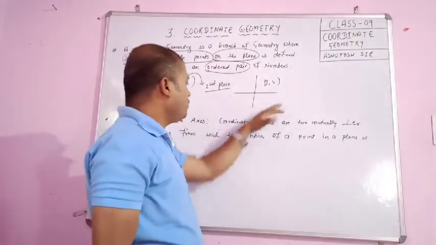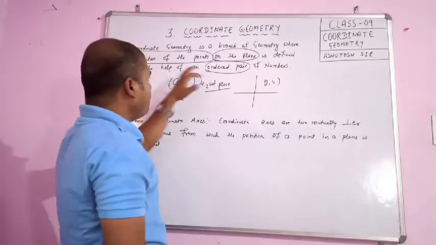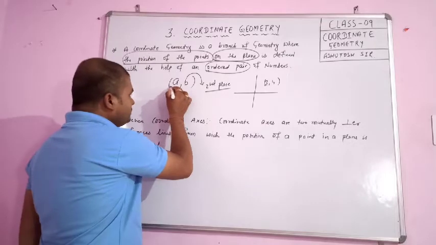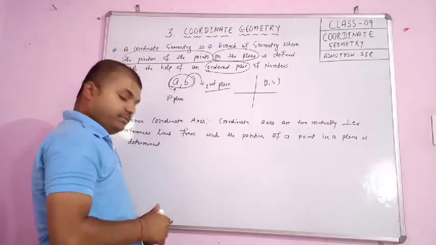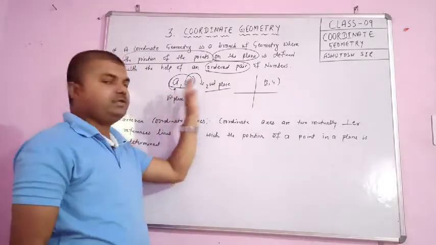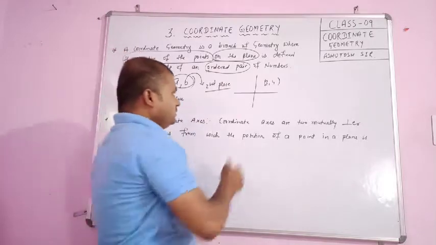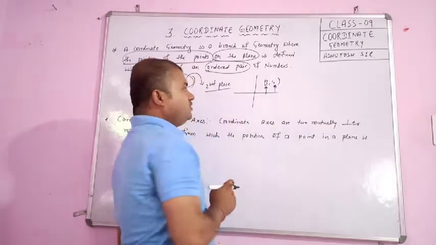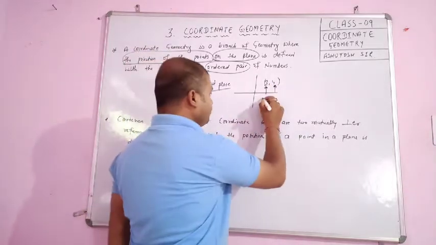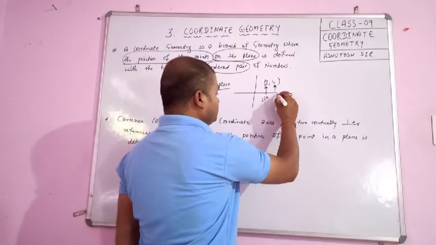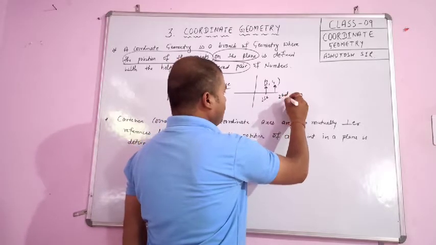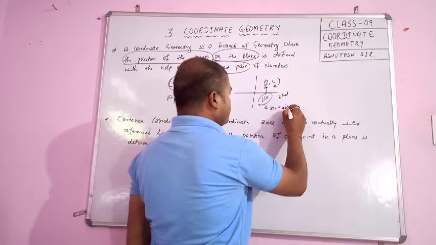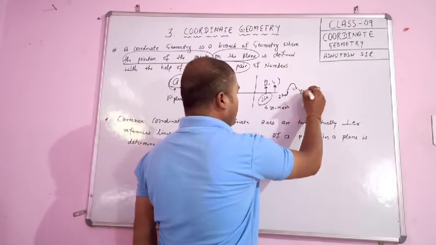With the help of an ordered pair, the meaning is that A acquires the first position and B acquires the second position. If you denote the point (3, 4), then 3 is first and 4 is second. The first is denoted by the x-axis and the second by the y-axis.